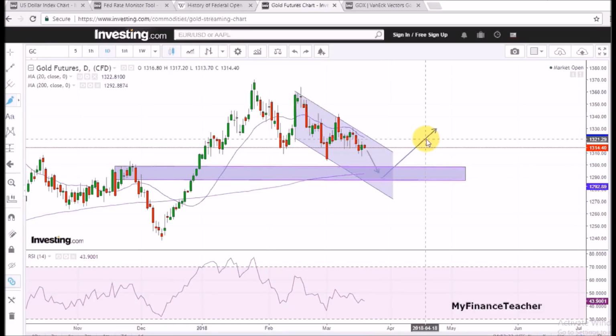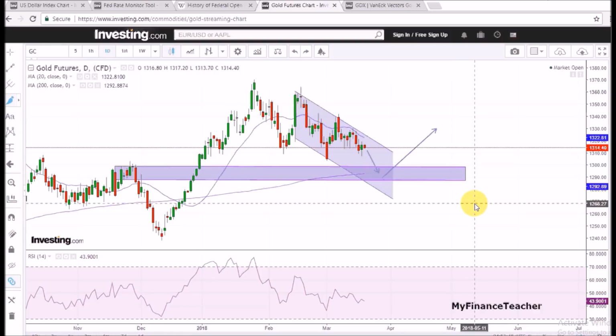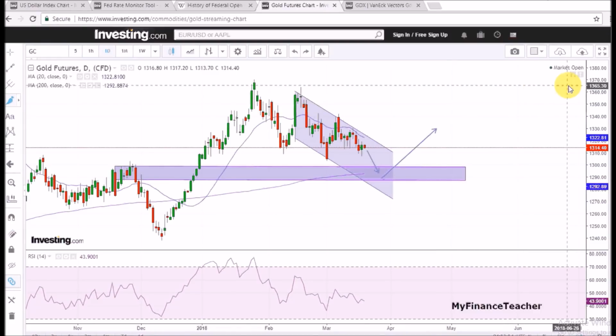So this rally that I expect from gold might either be a continuation of this intermediate cycle, in which case we're going to see lower prices relatively soon, or it might be an advancing phase of a new intermediate cycle.